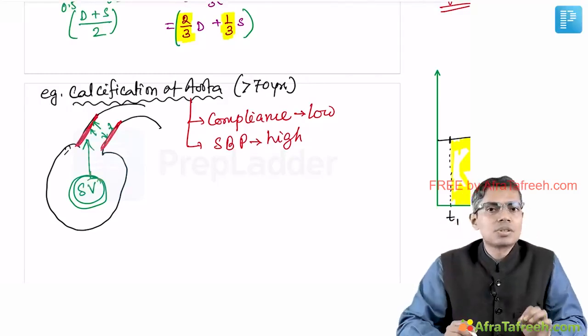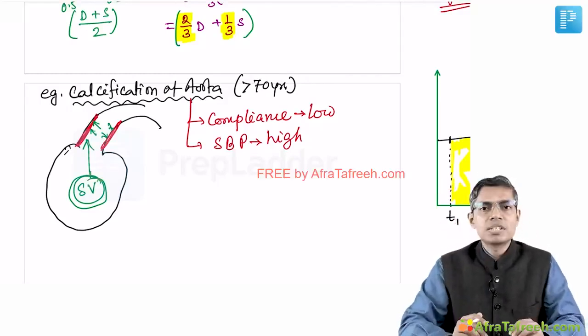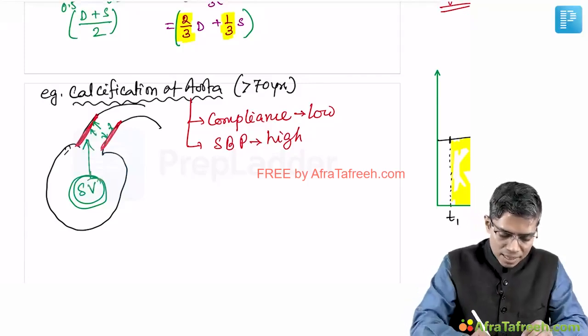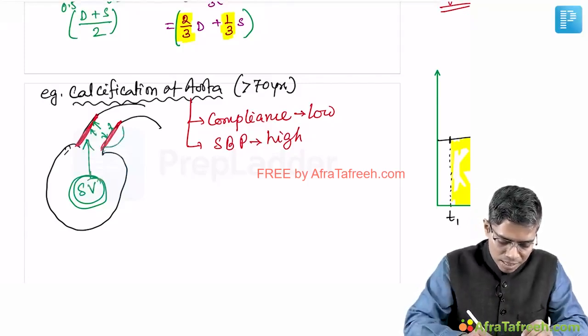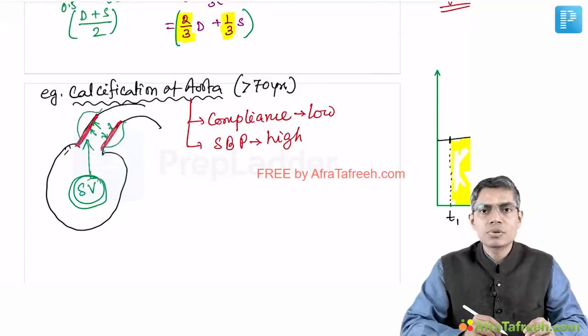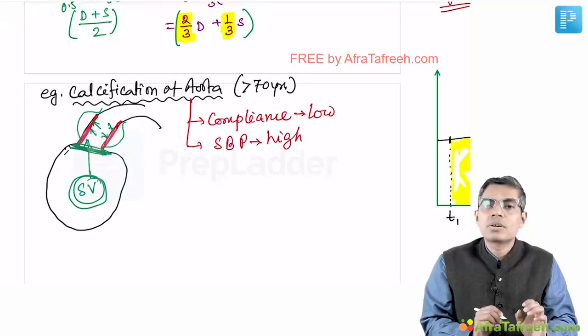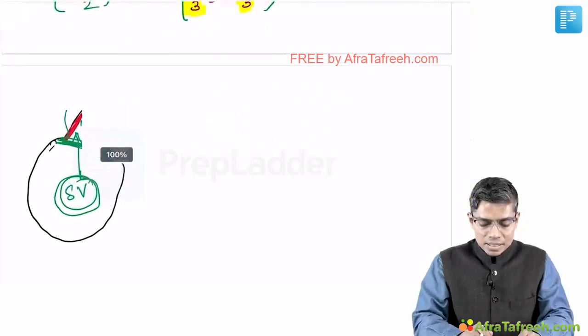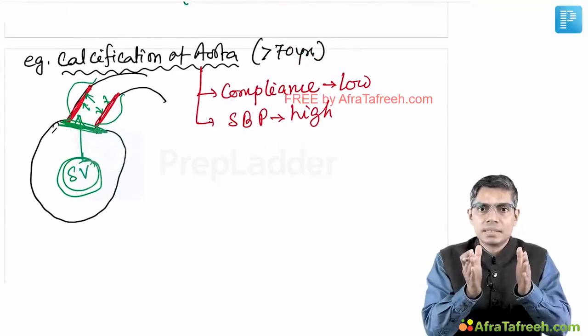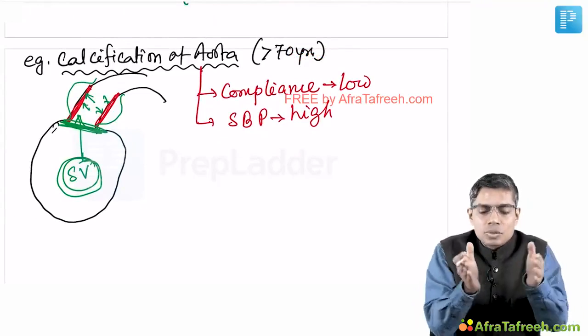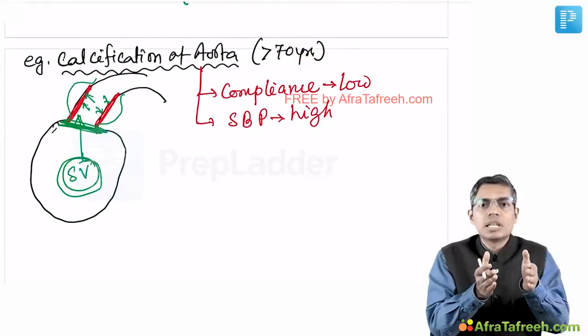Now think of diastolic blood pressure. I told you that whenever stroke volume is ejected, this arch of aorta will be expanded during the ejection, and then it will recoil back whenever your semilunar valves are closed. But in this condition, the arch of aorta is calcified and it is not able to expand. So if it is not able to expand, how will it recoil back?